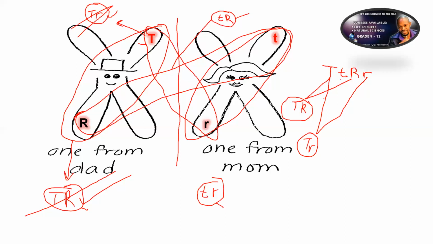And this other T says, myself, I can also combine with another R somewhere to produce my own gamete. And I'll write small t, capital R, and I form a new gamete. I'm sure we have that gamete somewhere here. So I can cancel that.